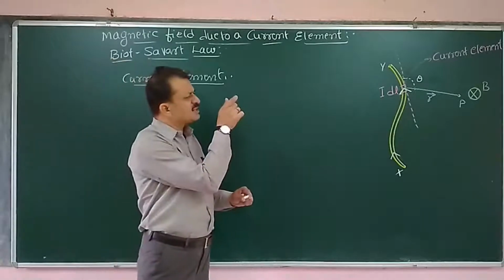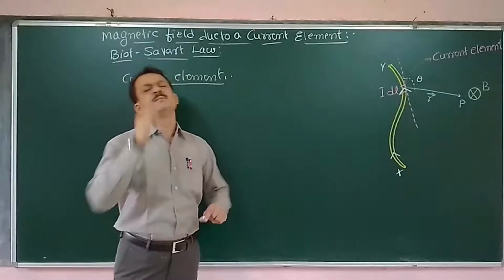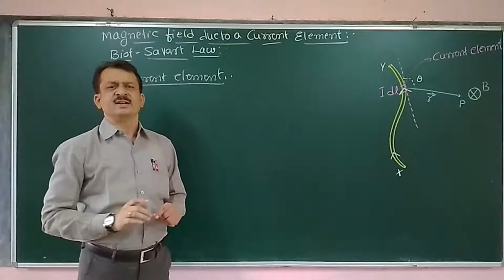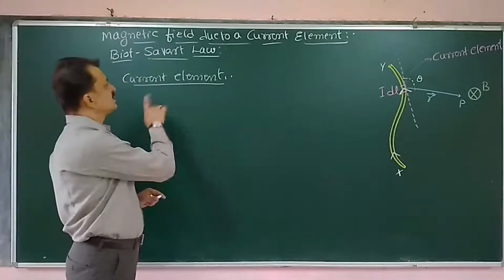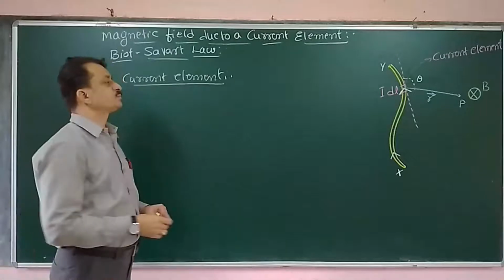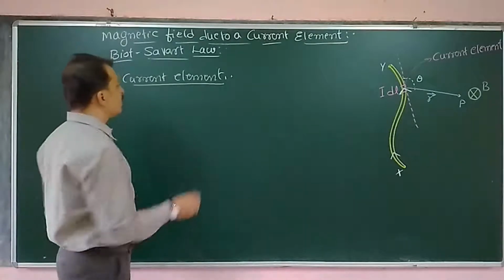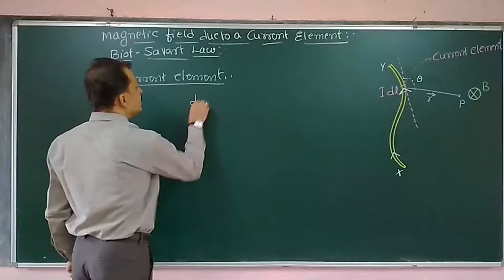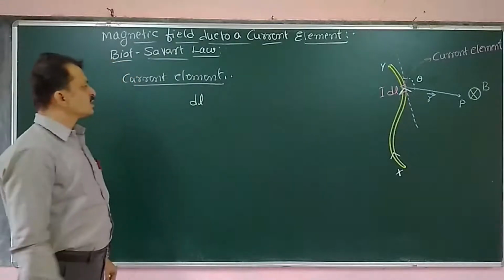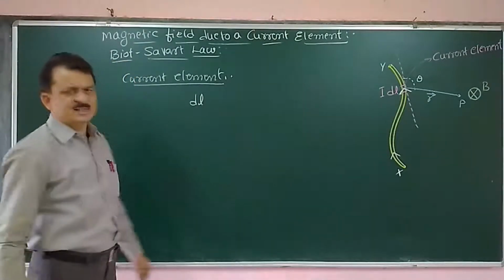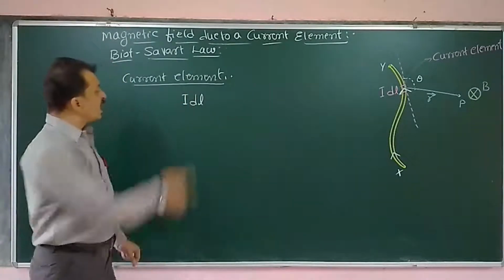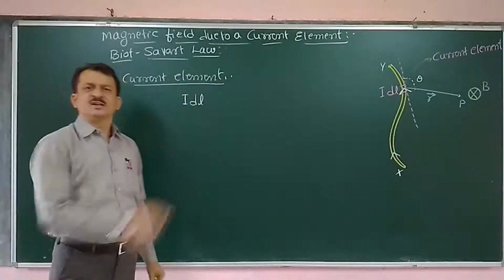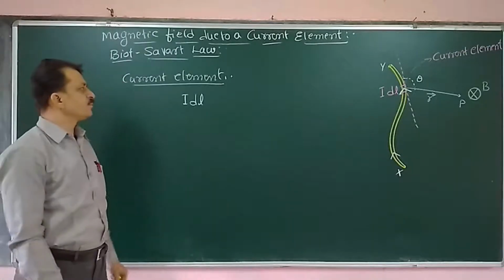It is an infinitesimal element, a very small element which carries the current. It is denoted by the length of the small portion of the conductor, that is dl, carrying a current I. Therefore, I dl represents the current element.